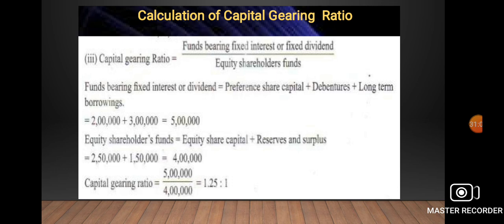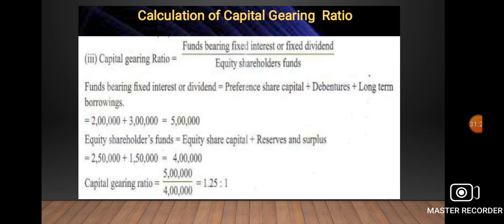So preference share capital 2 lakhs plus debentures 3 lakh, totally 5 lakhs is the value of funds bearing fixed interest or dividend. Then equity shareholders' funds means equity share capital plus reserves and surplus. Equity share capital 2,50,000 plus 1,50,000, totally 4 lakhs. This value is known as equity shareholders' funds.